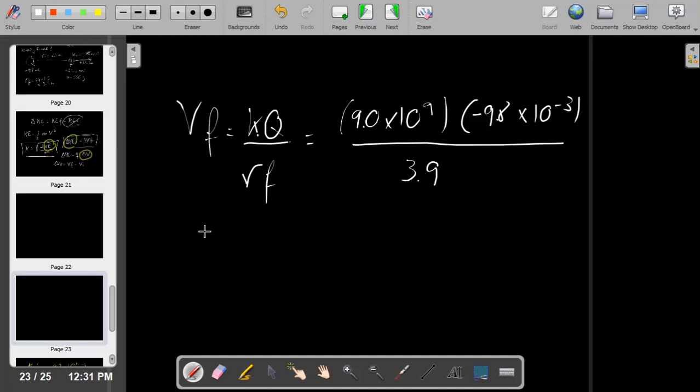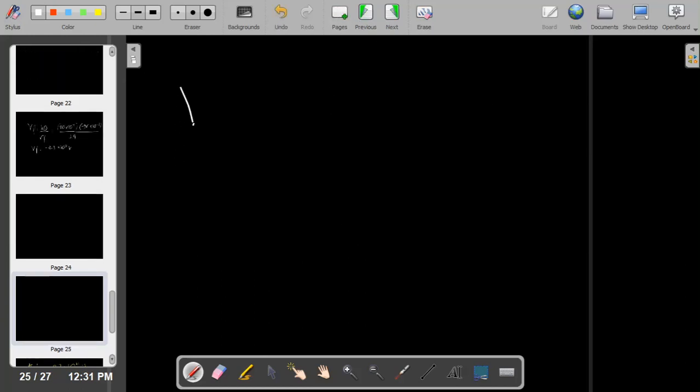Do the math, and you should find a value for the final electrical potential of minus 2.3 times 10 to the 7 volts. Okay, now we need to find our initial electrical potential. Sorry, electrical potential. Our initial electrical potential. Same, 9.0 times 10 to the 9.